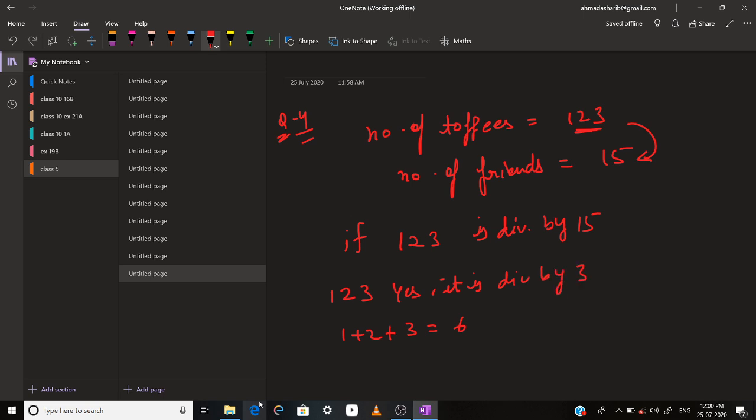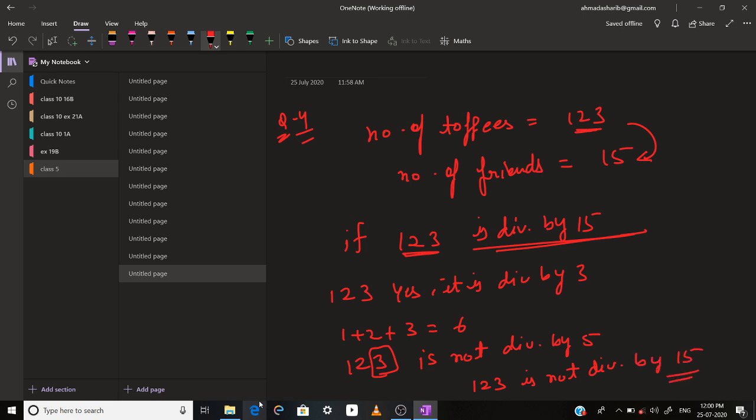Now check if 123 is divisible by 5. No, it is not divisible by 5, because the unit place number is 3, and it is necessary that the unit place number should be 5 or 0 if it is divisible by 5. So 123 is not divisible by 5. It means that 123 is not divisible by 15.